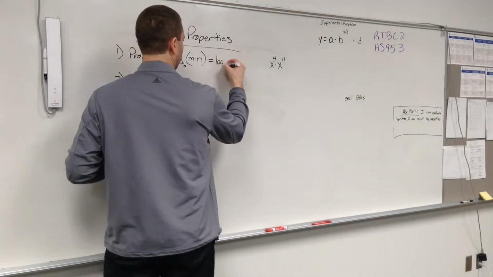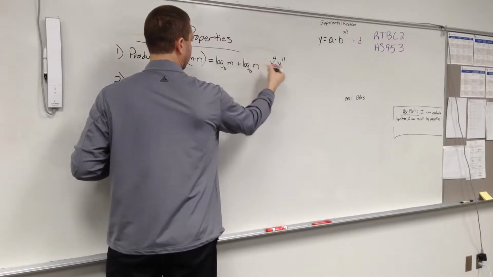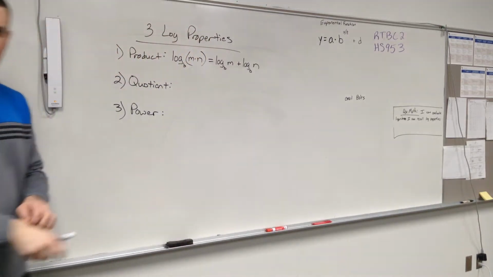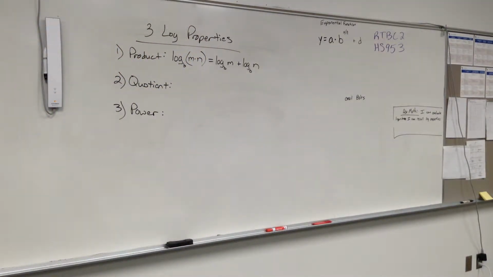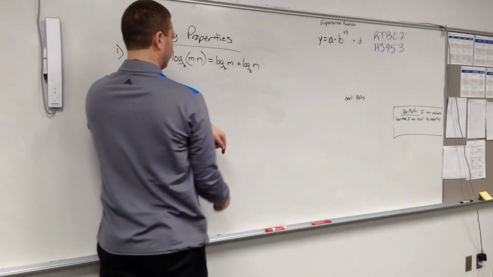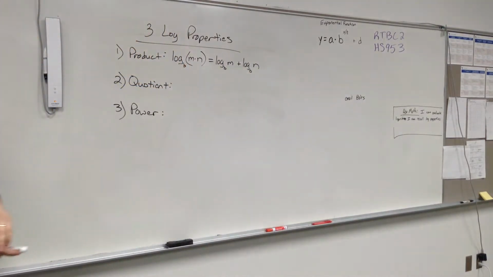So in other words, I can do log to the base b of m plus log to the base b of n. Sometimes it's helpful to expand one logarithm into two. More times than not, though, you're going to go from two logarithms back down to one. Okay, that's the product property.